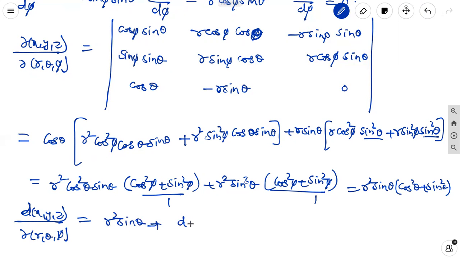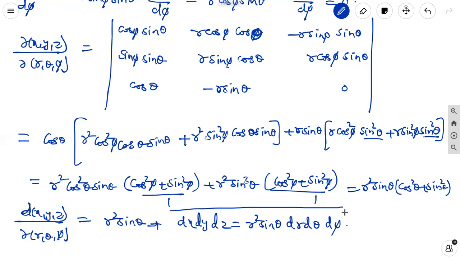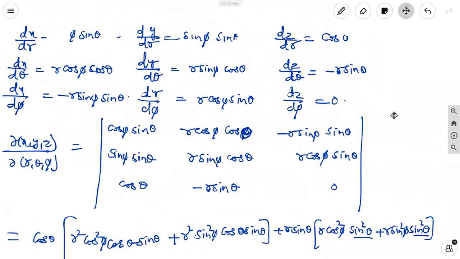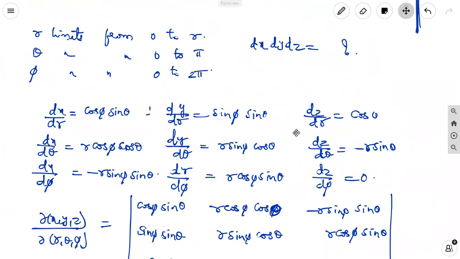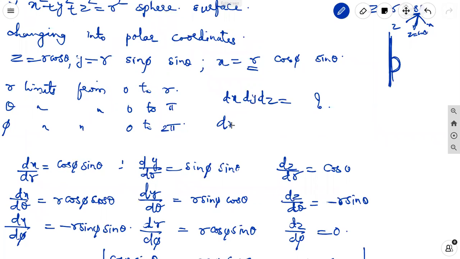From this we can write dx dy dz equal to r square sine theta dr d theta d phi. This is the relation of the polar form with x, y, z and r, theta, phi.